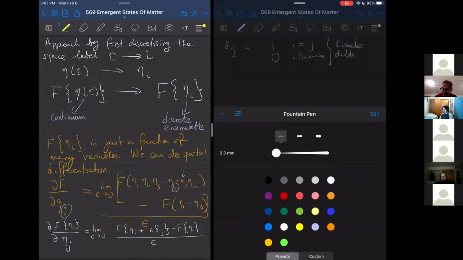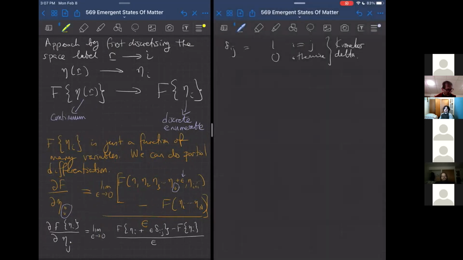So now how do I get a functional derivative? What we want to do to get a functional derivative is replace the i by the continuous label, like so. And so we can write this as the limit as epsilon goes to 0.